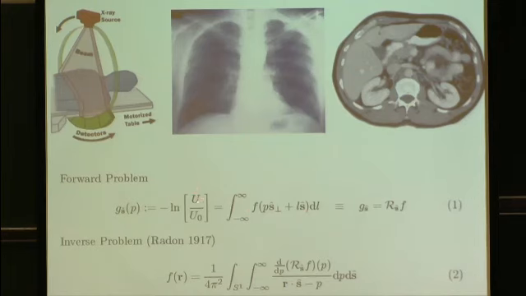Then the attenuation of the light is given by the negative exponential of this integral. So if we take the measured intensity of X-rays over the input intensity of X-rays and take its negative log, we have a simple linear integral, which is called the Radon transform. It's just a transformation from a function in the two-dimensional space here into another function, which is parameterized by the angle.